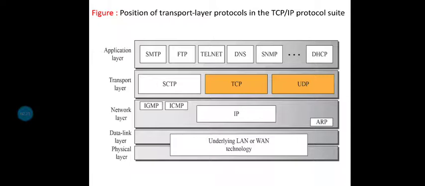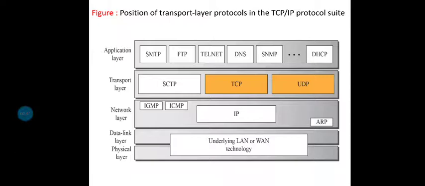The transport layer makes use of three protocols, namely UDP, TCP, SCTP. UDP is user datagram protocol, TCP is transmission control protocol, and SCTP is stream control transmission protocol.